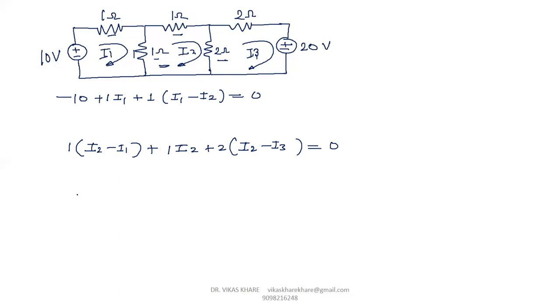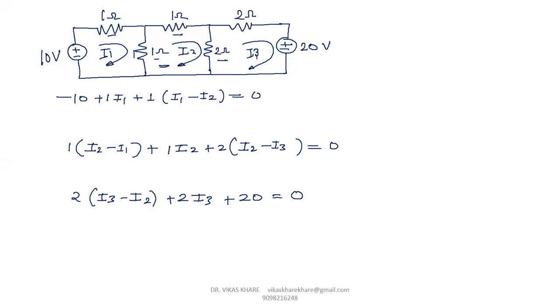Now in the third loop: 2 into I3 minus I2, plus 2 into I3, plus 20 equals 0. So 2 into I3 minus I2 plus 2I3 plus 20 equals 0.